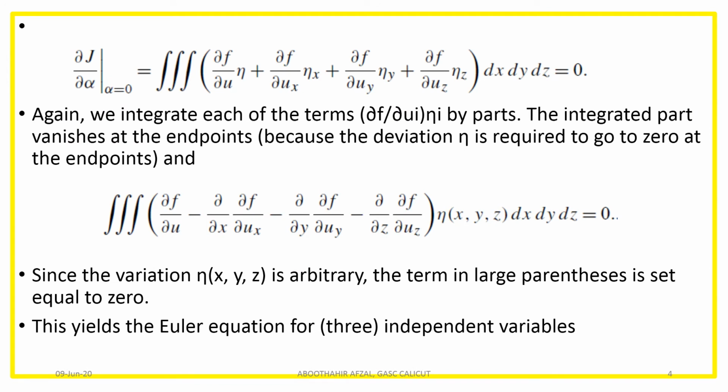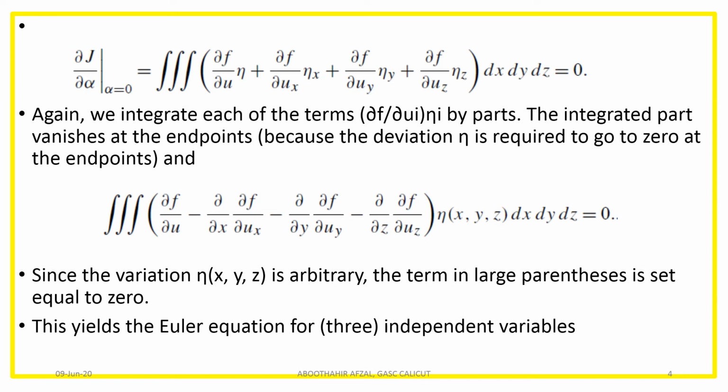Now coming to the differentiation of j. We are now going to differentiate j, as we have written the expression for j in terms of u, ux and x, and therefore we can differentiate j with respect to alpha in terms of f. Since j is a function of f of u, ux, uy, uz and x, y, z, we can write dou j by dou alpha.